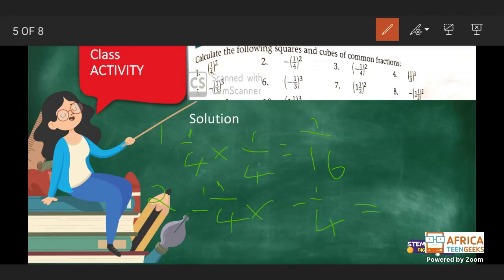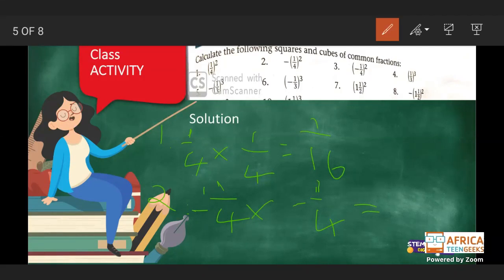Guys, you know that when we multiply a negative number by a negative number, it becomes positive because the negatives cancel each other. But if we multiply, let's say, 3 negative fractions, our answer will be negative. Why?